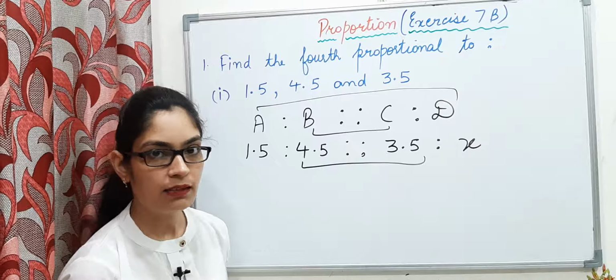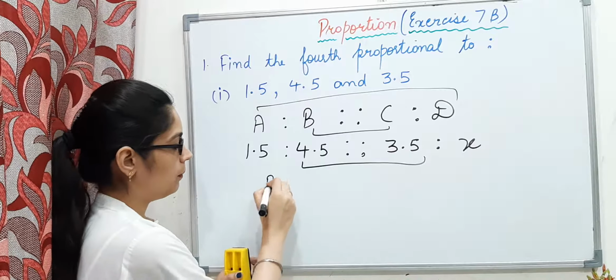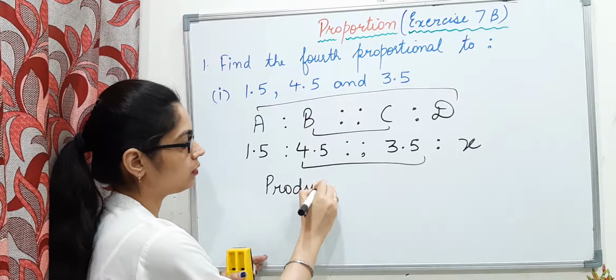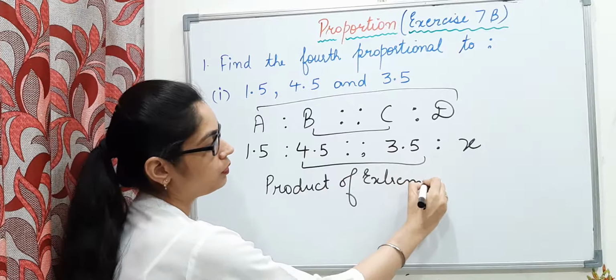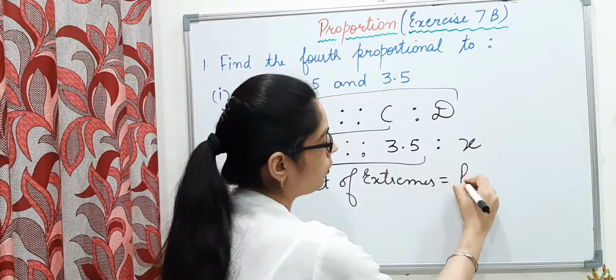So we will apply the formula which I have told you: product of extremes is equals to product of means. So extremes are 1.5 into X, and it is equal to 4.5 into 3.5.